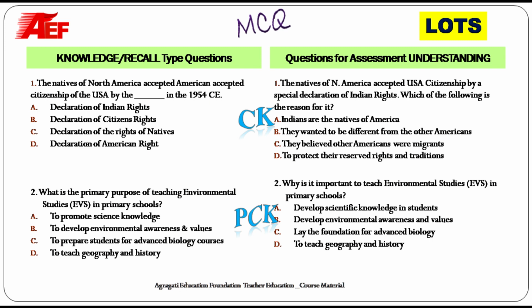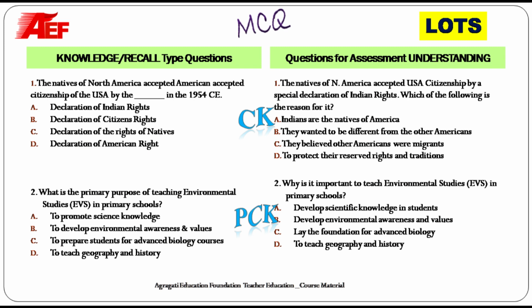So at this level, the student will not only have to recall and retrieve information that he has learned or come across in the past, but also make a connection. The student will have to decide among the four options given here which is the right answer.